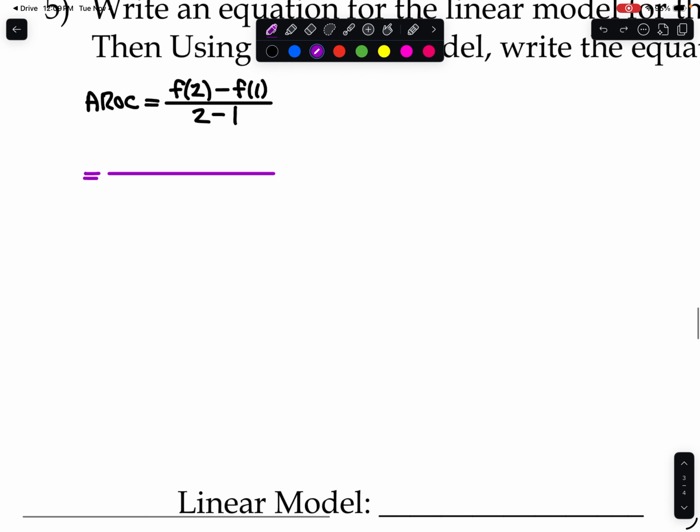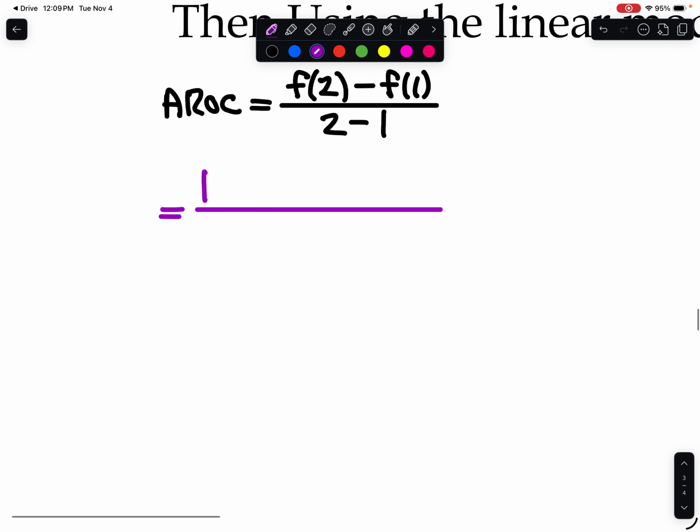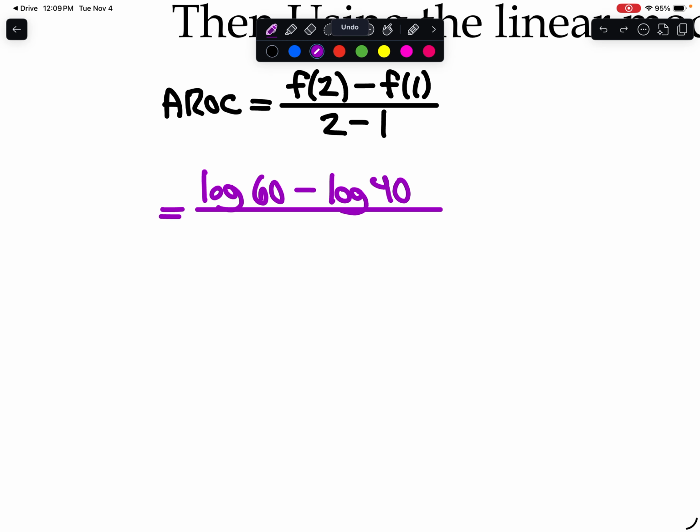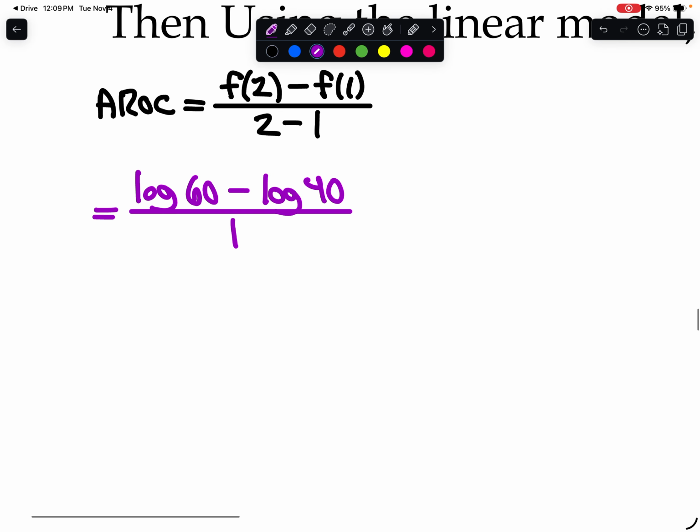What you're going to have to do is log of 60, then minus log of 40. And then that's going to be over 2 minus 1, which, of course, is just 1.